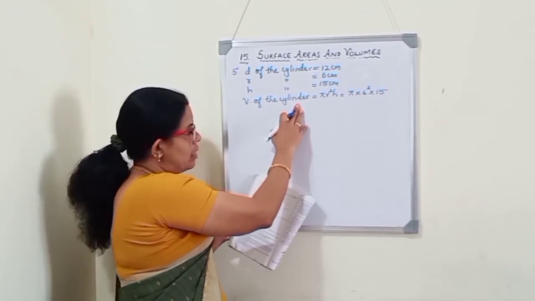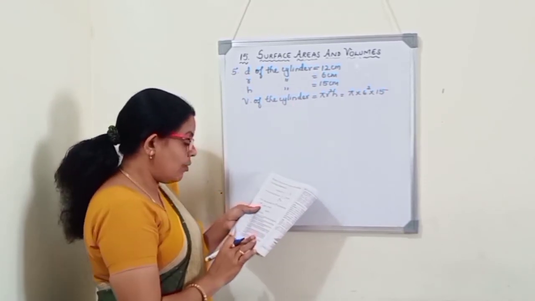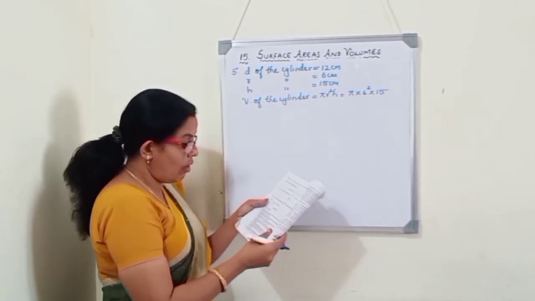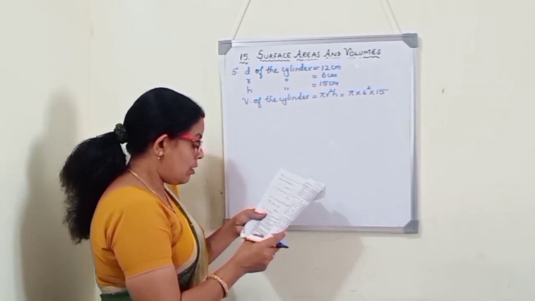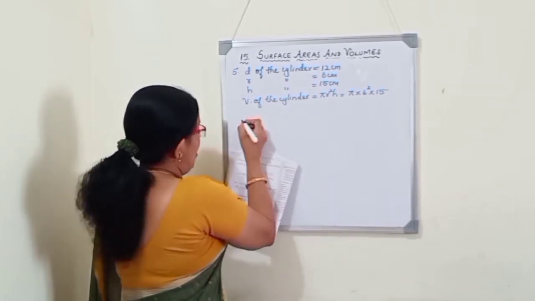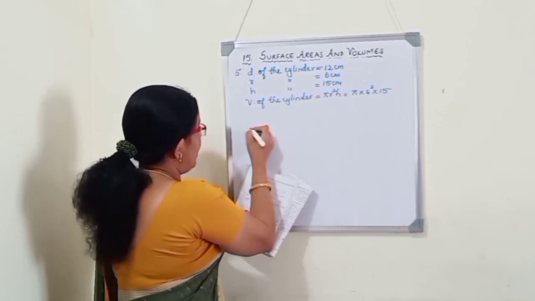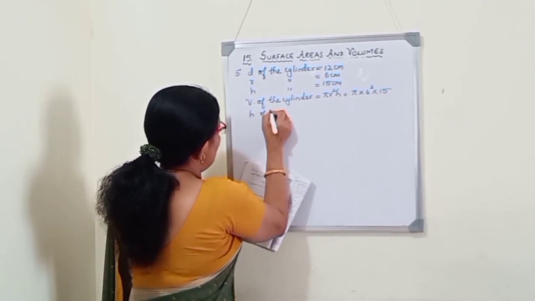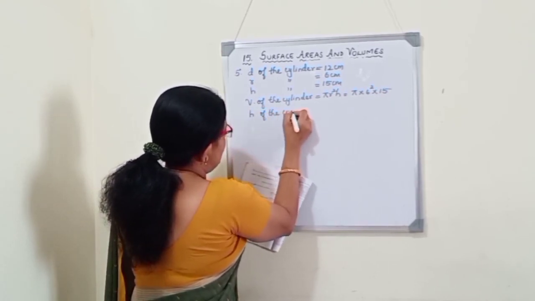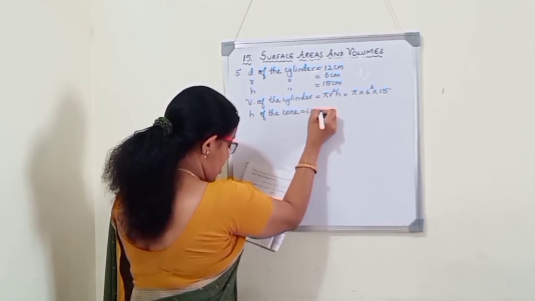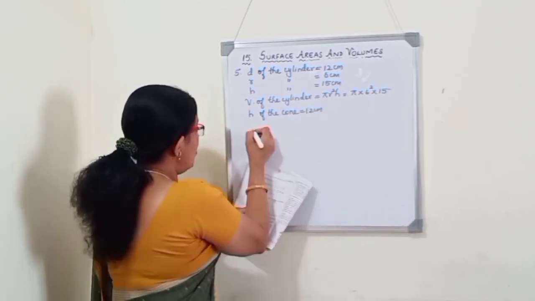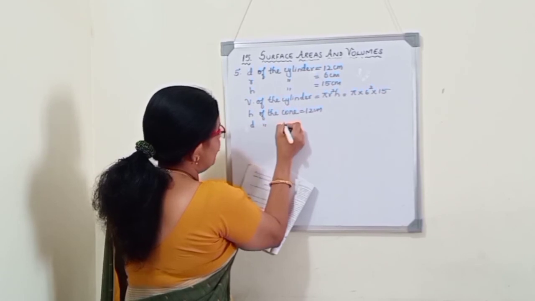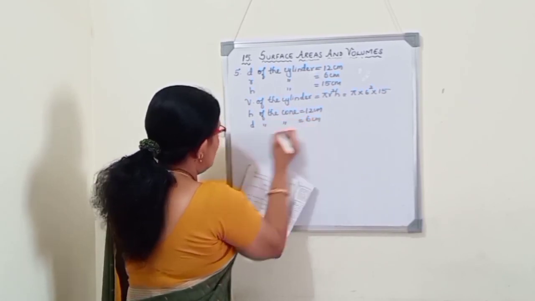This ice cream in the cylinder is filling into different cones. We wanted to find out how many such cones are required. So now we will see the height of the cone. Height of the cone 12 cm and diameter of the cone 6 cm.